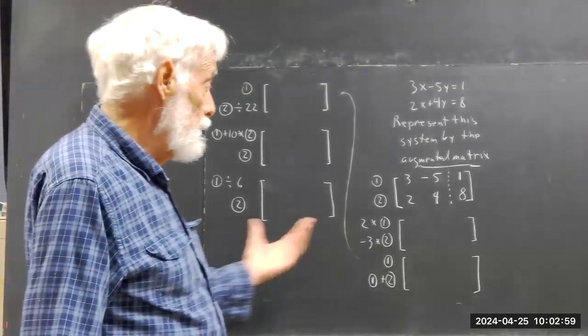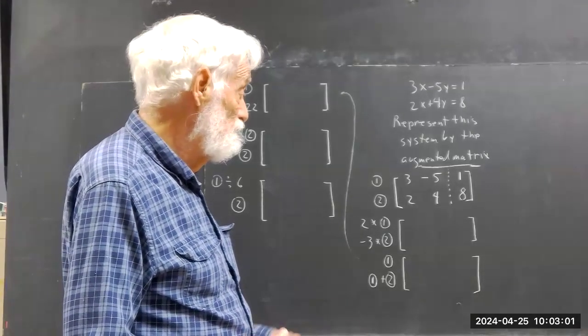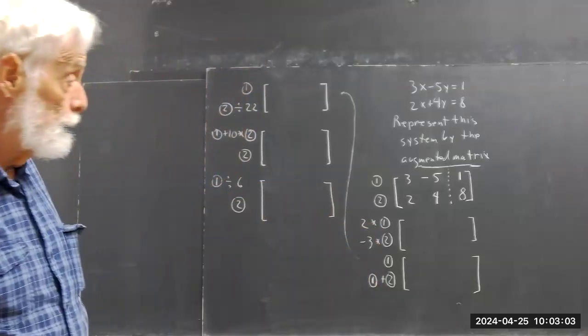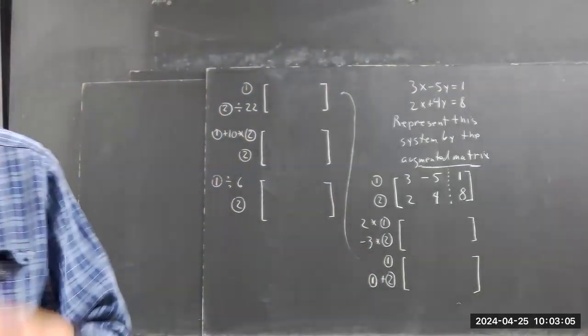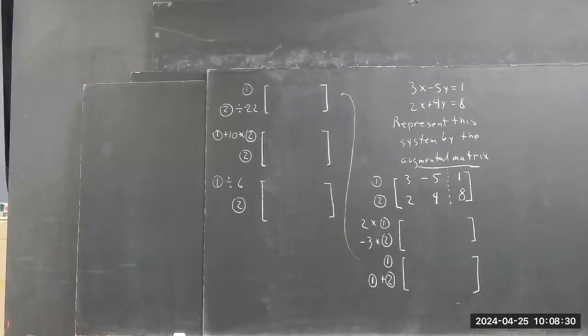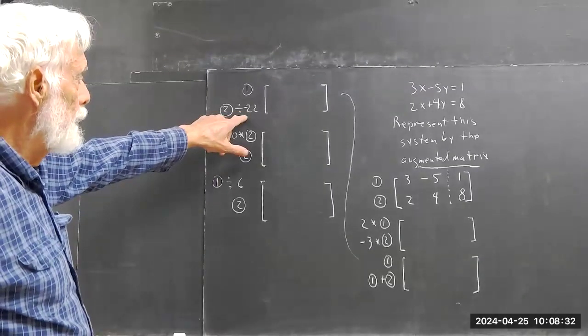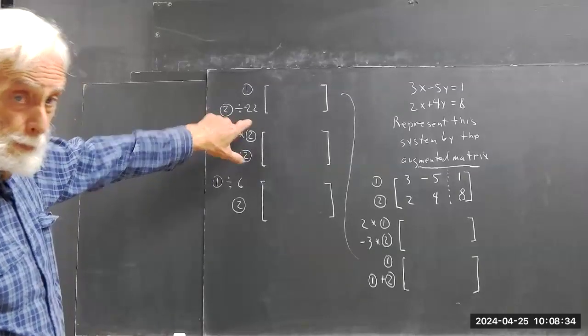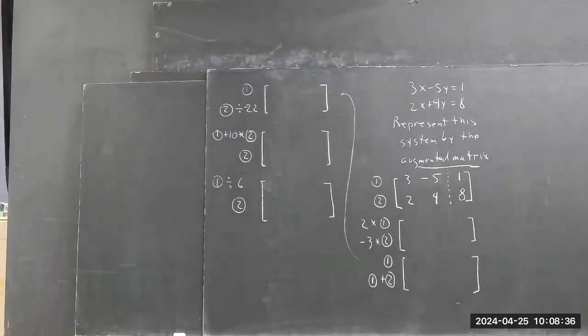But again, we're doing exactly the same thing with these operations. With correction, I did put a negative in this 22, so it's a negative 22.